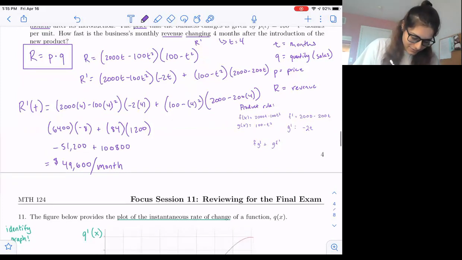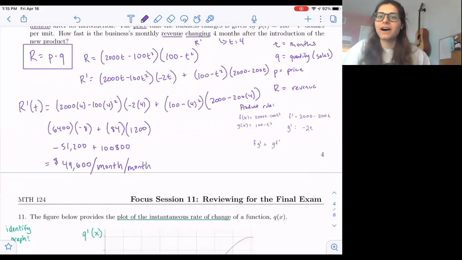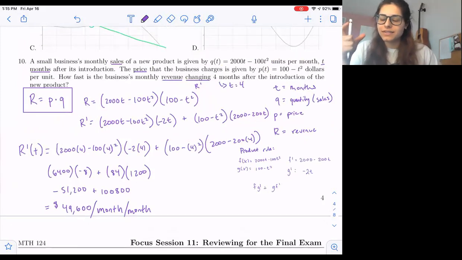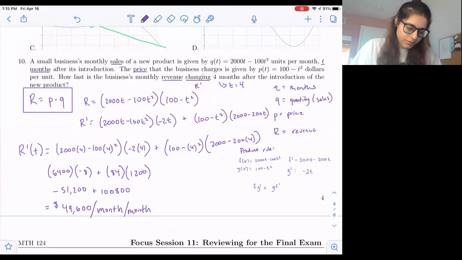And so we'll go another month. Okay, so how did I get there? Remember, our derivative units are going to be the original units divided by whatever the T unit is. And here our T was months. And our original unit was units per month.